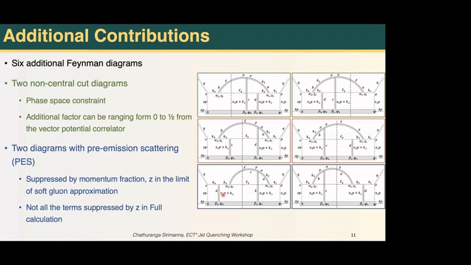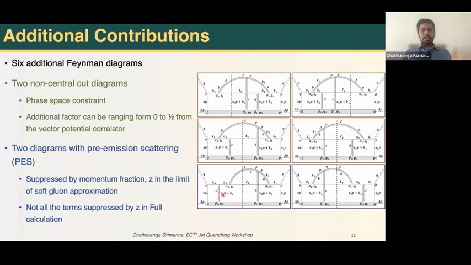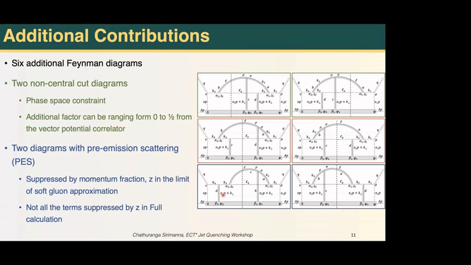And now, if I understand right, you're looking at these diagrams, but beyond the leading twist. Is that correct? No, actually, we are looking at the next to leading twist, but we included the contributions coming from the phase, the transverse-momentum dependent terms from the phase. That's what I'm saying.